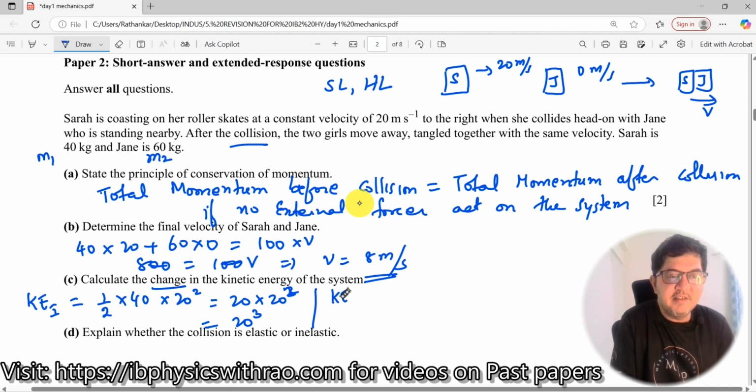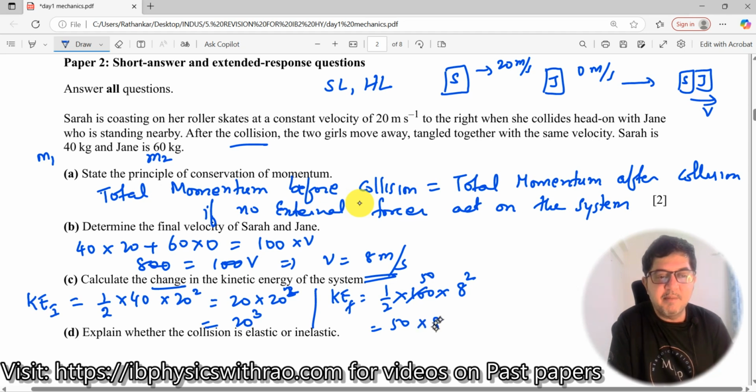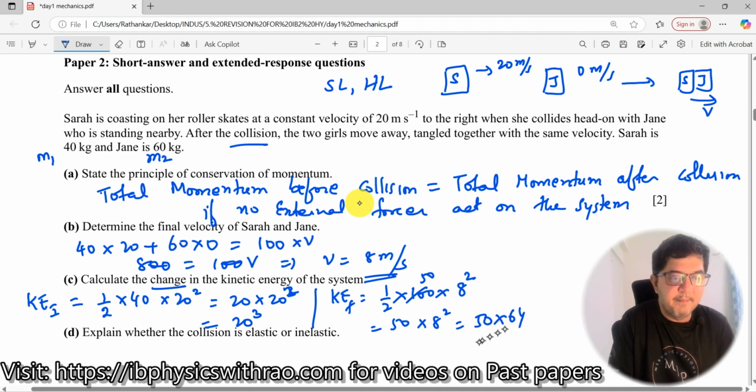Then kinetic energy final. What is the value of this? Kinetic energy final would be half multiplied by the total mass. Both of them are moving with the same velocity, right? It will be 100 multiplied by V square, which is 8 square. This will be equal to 2 ones are 2, 50s are, which would be 50 multiplied by 8 square. So that's what I get. And maybe I'll write 50 into 8 square is 64. Now what do I need?